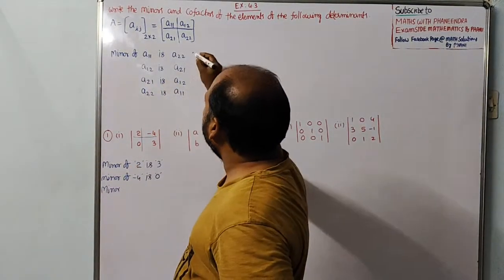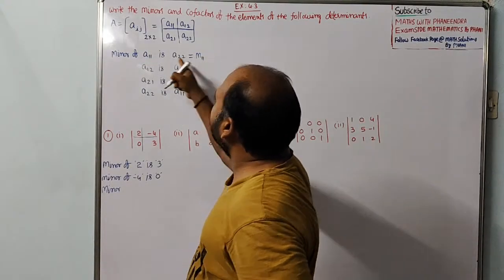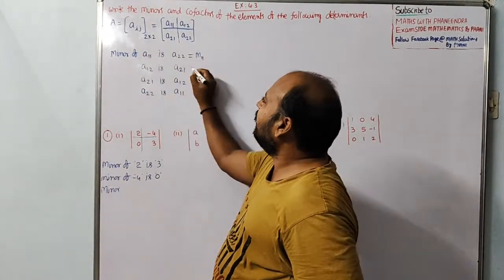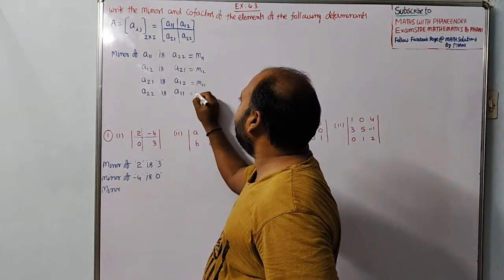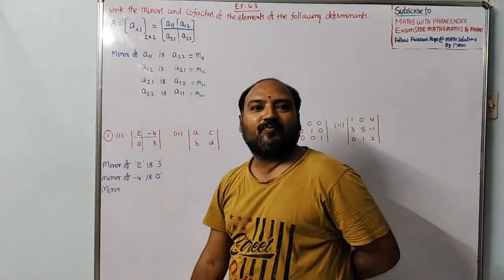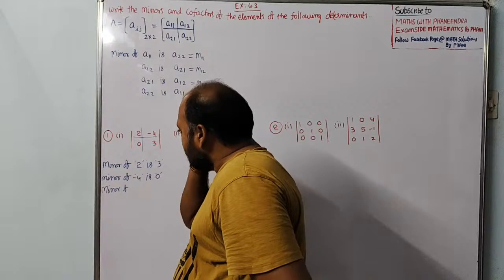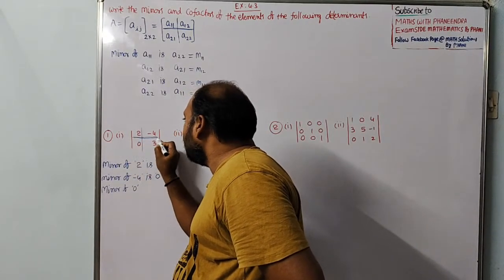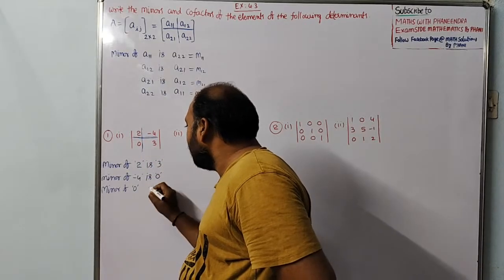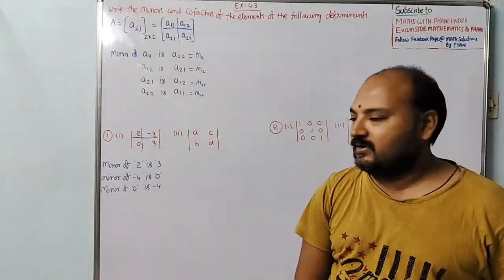It is denoted by, remember students, M11, minor of 11, minor of 12, minor of 21, minor of 22. Okay? Here also the minor of 0: we are eliminating this row and this column, and minus 4 is the minor.